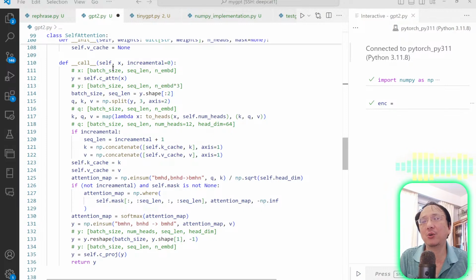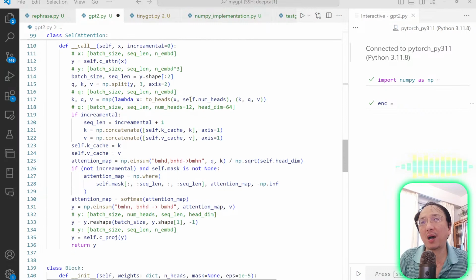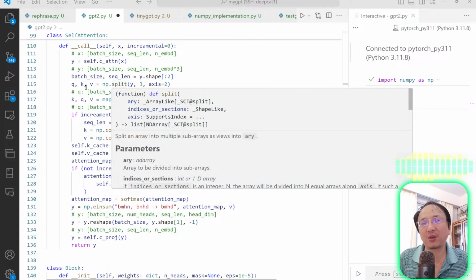So the input has a batch size, the sequence length, and the n embedding dimension. Then we use the map to do the projection and get KQV, so you see it becomes 3 times. And then we extract the batch size and the sequence length from the shape of Y for convenience.